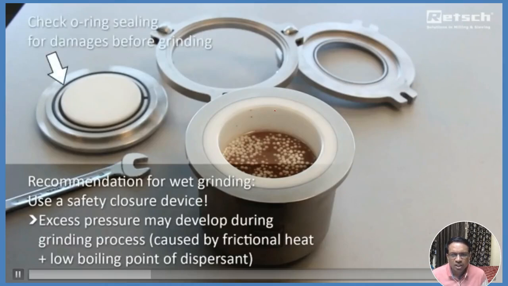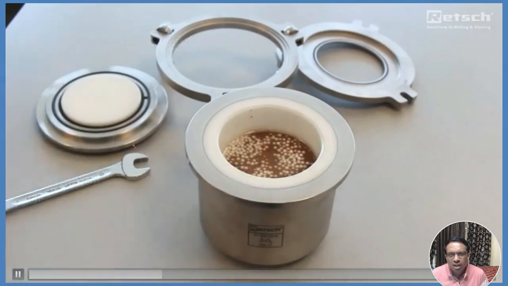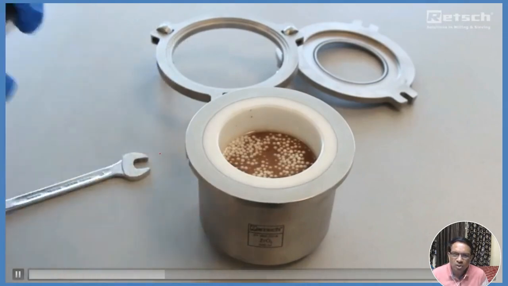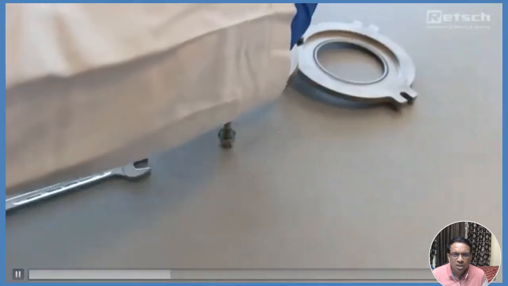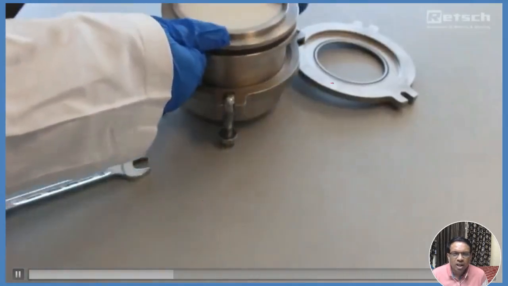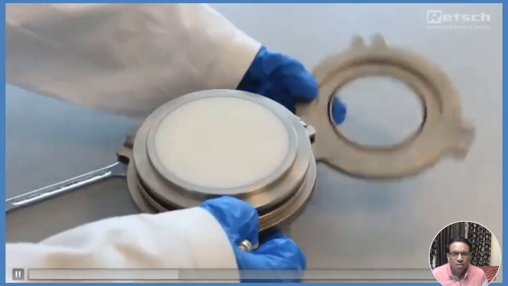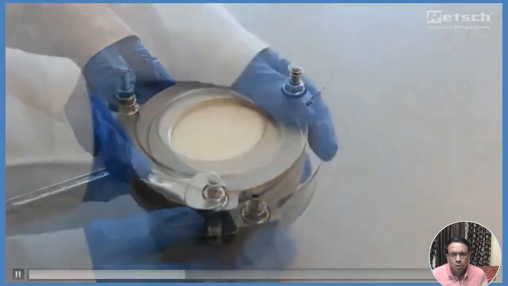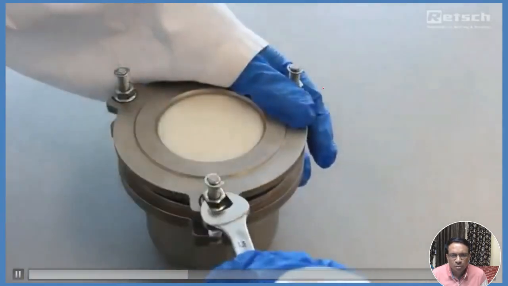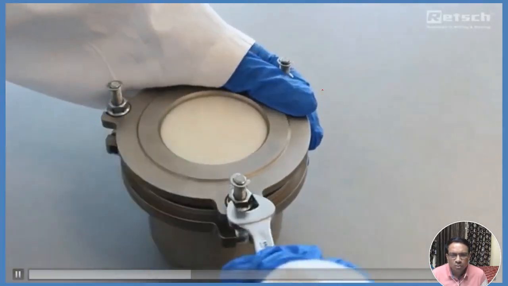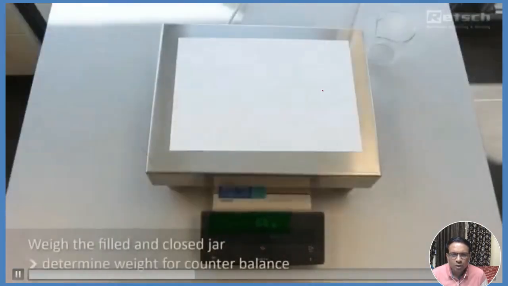There will be an o-ring, and we have to check whether it is proper or not. Then we close the jar with the closure and fix it, which helps keep the jar safe so that it does not get damaged inside. So whenever we are doing this, we have to take care carefully and fix it.